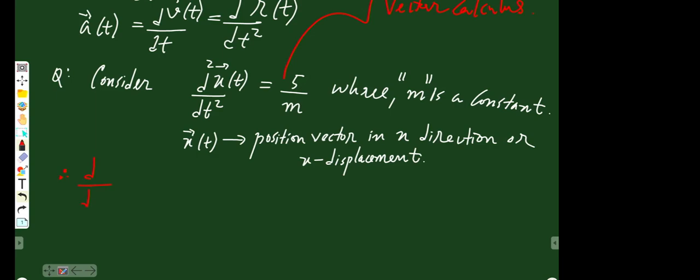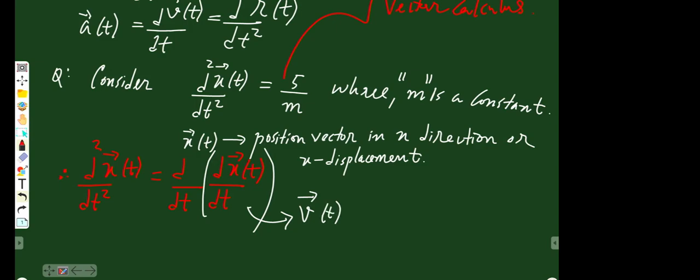So what is the meaning of this one then? That would be this, right? Like that. So what is this one here? This one here is velocity as a function of t, but in x direction.